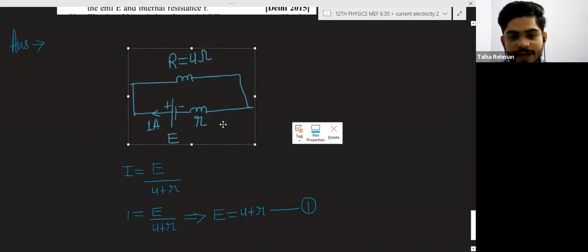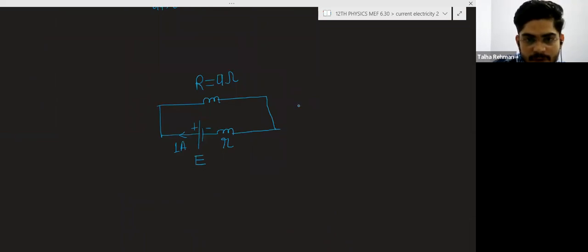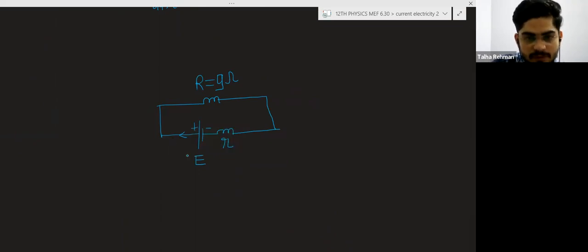Now again, when you read the question, they are saying that the same cell, when you connect with a resistance of 9 ohm this time, the current becomes 0.5 ampere. So how will you write the equation of current? Current we have 0.5. Total EMF is E, and total resistance is 9 plus r.